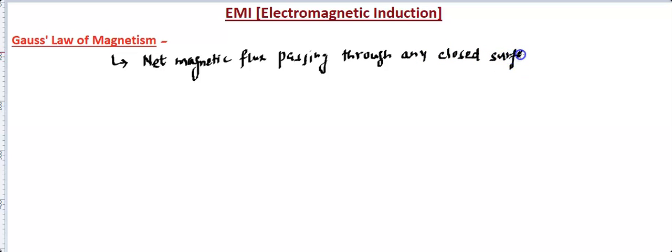For Gauss law, we choose a closed surface called a Gaussian surface. So net magnetic flux passing through any closed surface is always zero. So that's the law for magnetism, Gauss law for magnetism.